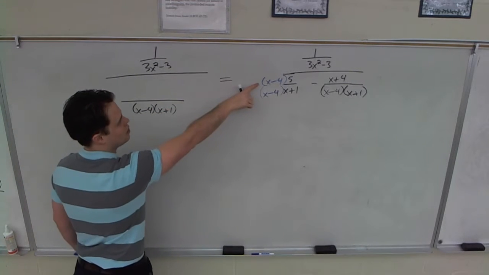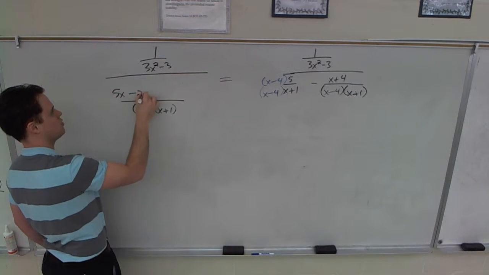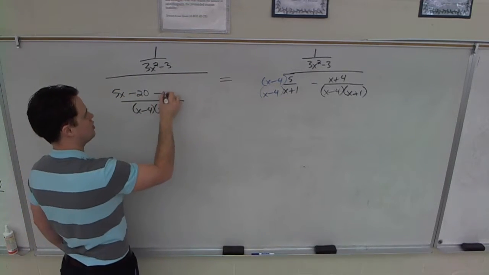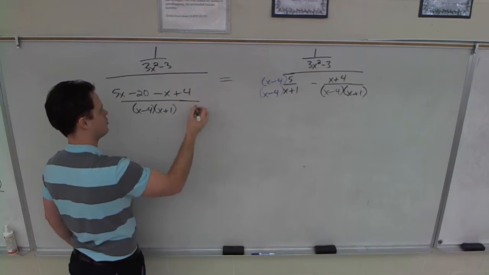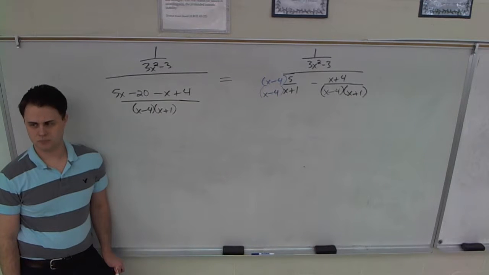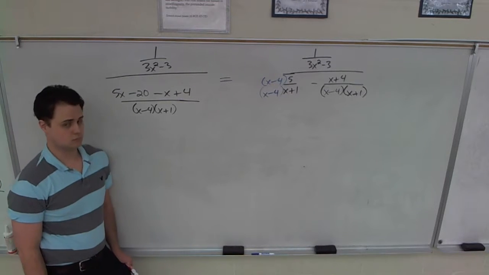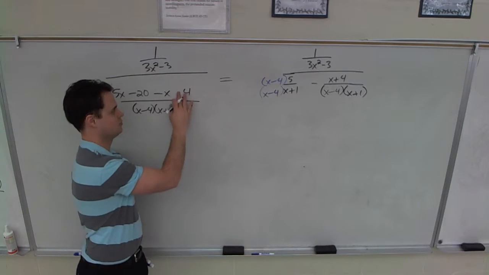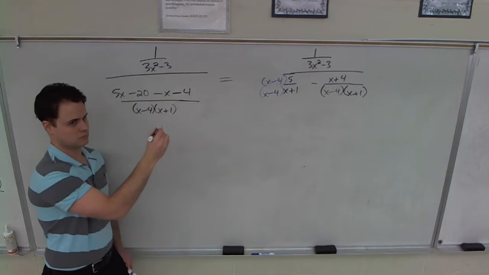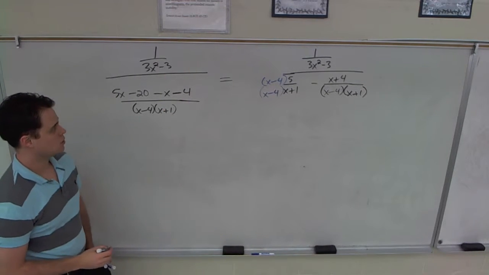So I'm going to distribute here. That's 5x minus 20 minus x plus 4. So dangerous.